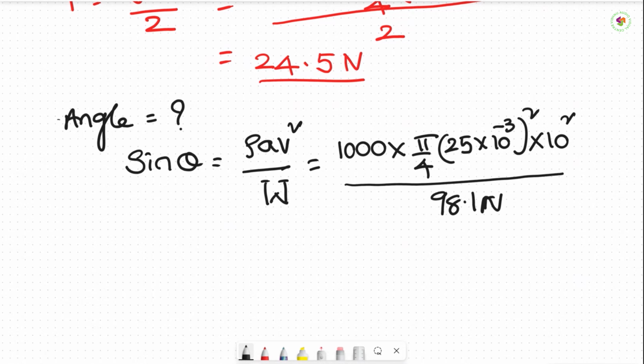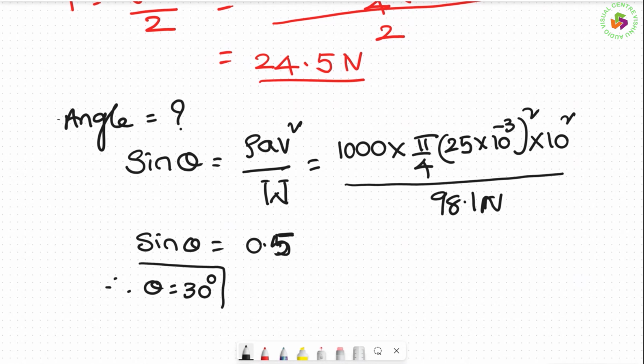So what answer will we get? Sine theta is 0.5. Therefore, theta is 30 degrees.